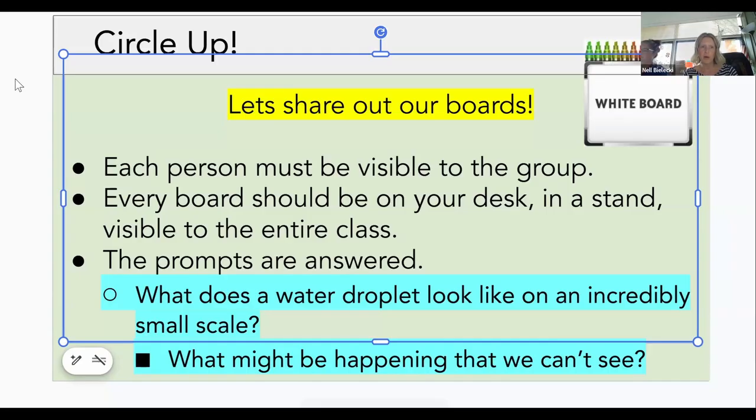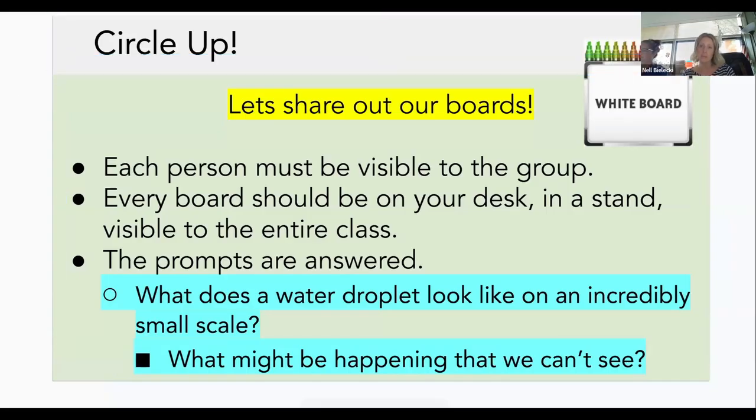We will go through each board, and then we might revisit some boards as we try to come to a consensus on key ideas worth writing down and remembering if we're going to dig a little deeper about these particles and what might be going on. I would like to start with board 2.